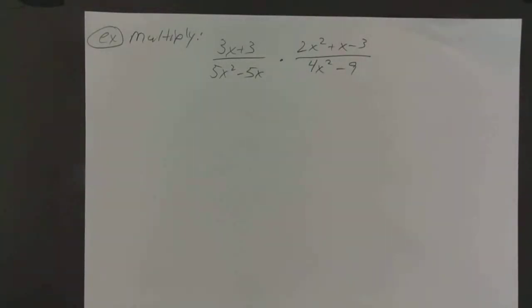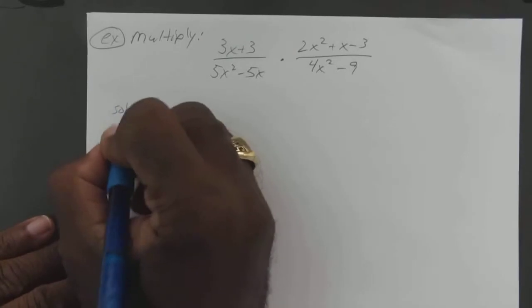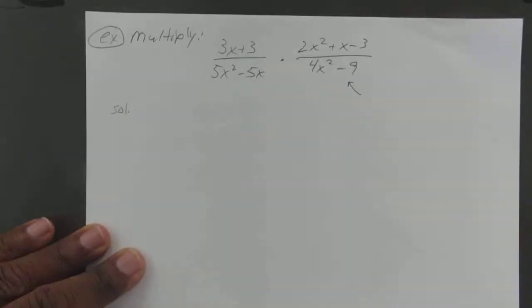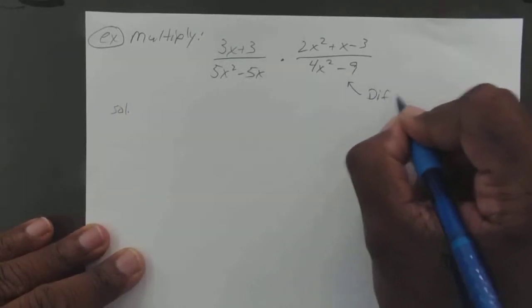So here you have 3 different types of factoring going on in one problem. Okay, you have a difference of squares here.